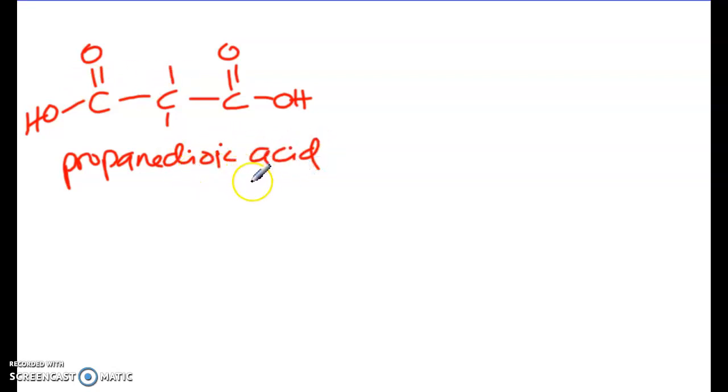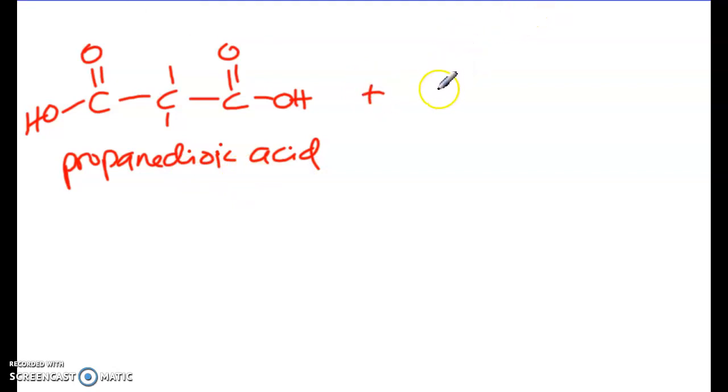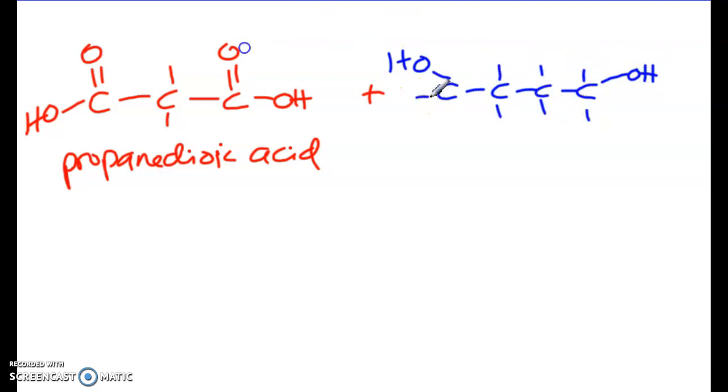You don't need numbers because it's on either side. Plus, let's do a different color to represent the alcohol. And let's do 4. So we have an OH group and we have an OH group. All right, so this would be 1,4-butanediol.